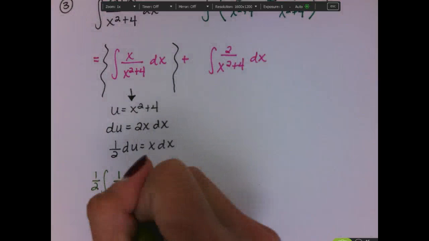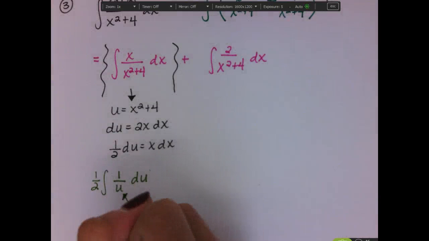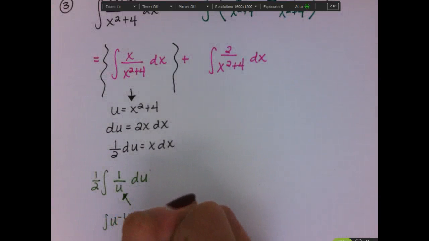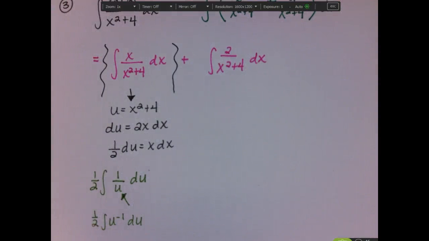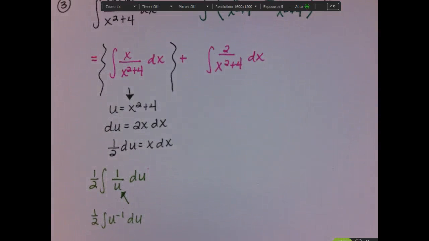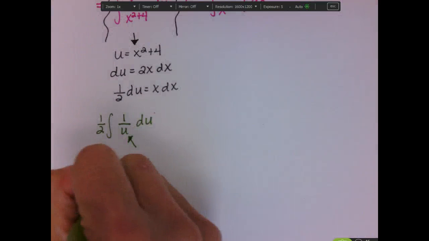Okay, this came up in last week's discussion, where if you're integrating u to the -1 power specifically, not any other power, but only the -1 power, it has its own special rule. And that rule is that it integrates to be the natural log.